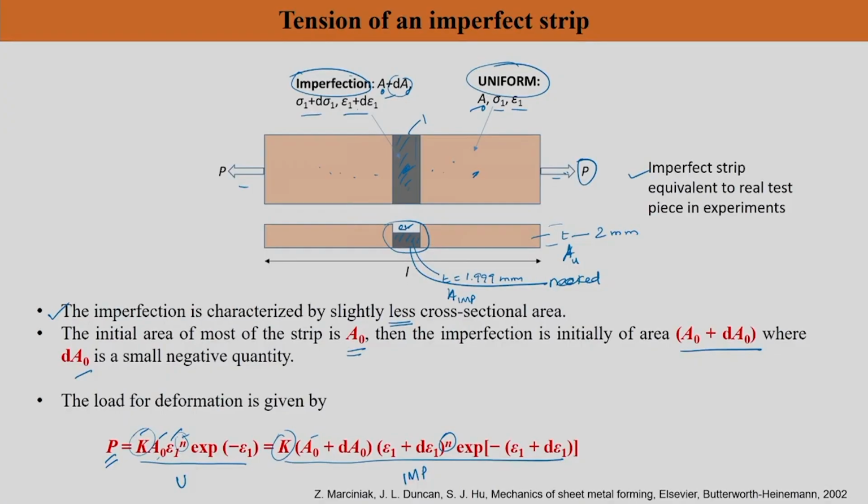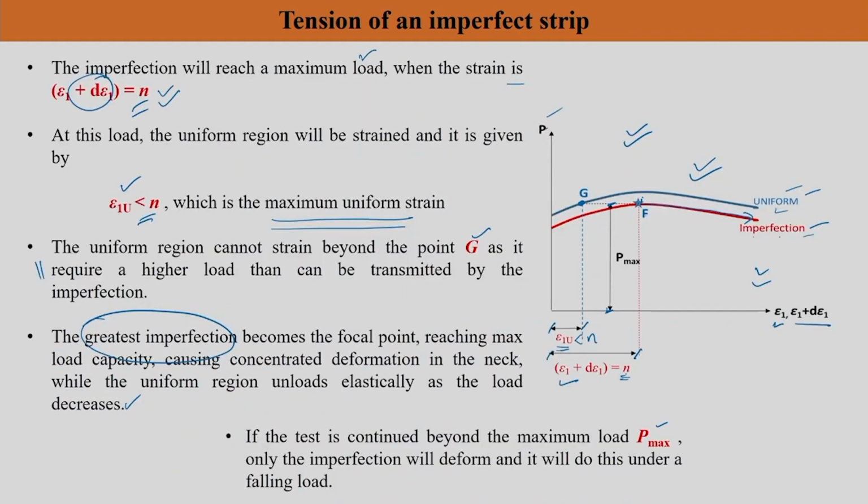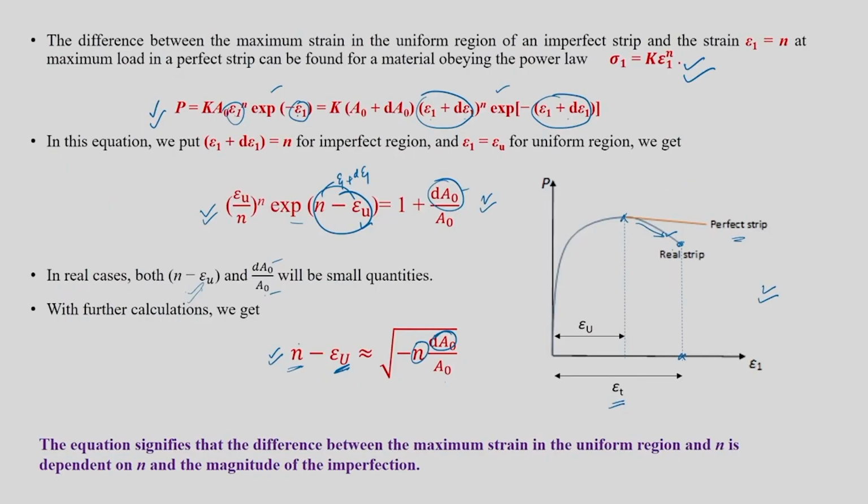Theoretically you can assume, let us say, dA naught as one particular value, and compare with the real test piece data, and you can adjust this dA naught, or the difference in thickness, a little bit such that the outputs match, which will also tell you how much imperfection you can take for one particular material. So, this equation is going to be very, very important for us, and this will give you an idea how a real test piece is going to behave when you do a tensile test.